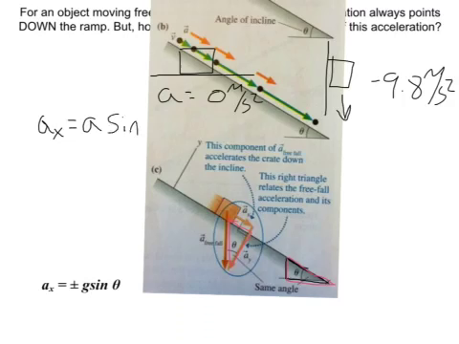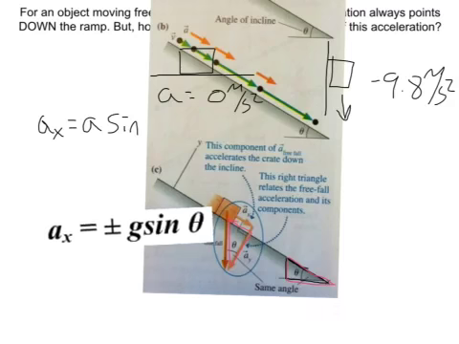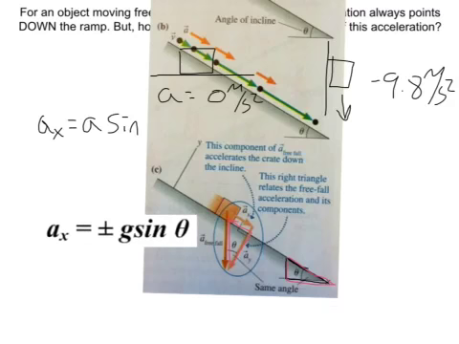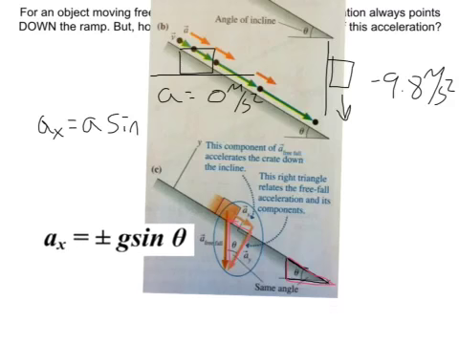Now, we know that A is free fall acceleration, so we can replace that with a g, and we get a general expression for acceleration down a ramp of a equals plus or minus g sine theta. This plus or minus indicates that sometimes our acceleration will be positive and sometimes it will be negative. So let's look at some examples of each of those conditions.